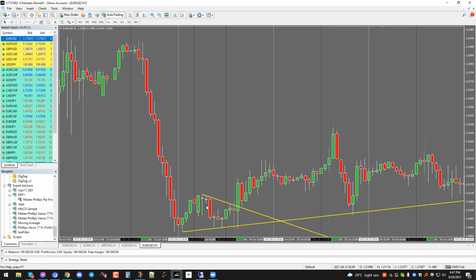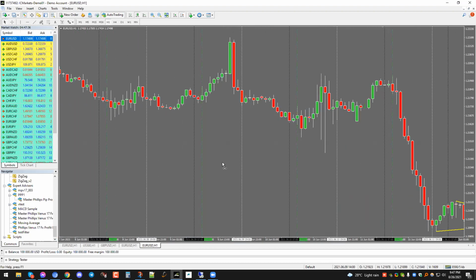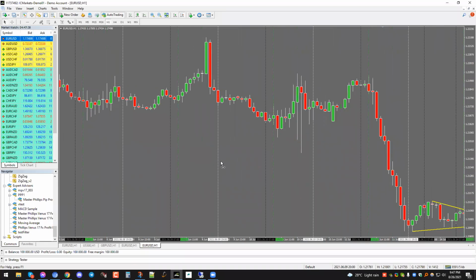So what we're looking at here is not necessarily a complete pattern formation, but we would still have a trend that looks like this. Right? So this would be what it would look like by 1 a.m. Eastern Standard. Like it's basically setting up for a triangle type move, right?